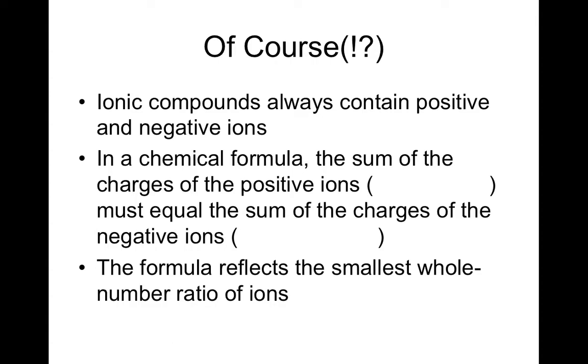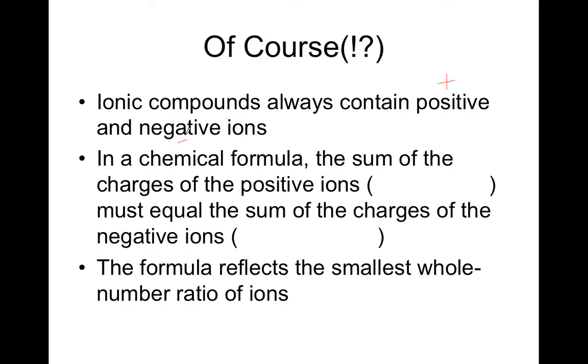Okay, so first of all, let's go back and think about some things that probably should be obvious. First of all, ionic compounds always contain both positive and negative ions, right? Of course, they've got to be electrically neutral.